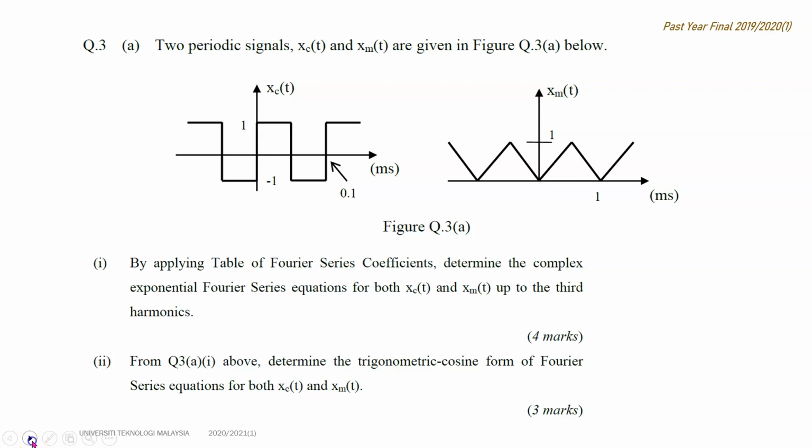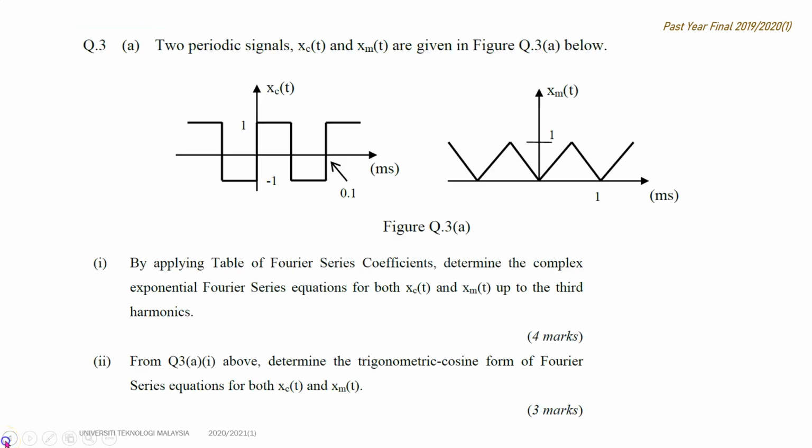So let's start with the square wave. You refer to the list of formula and find the formula for square wave. First of all, you have to determine the amplitude for xc(t) and also the duration, the T naught.